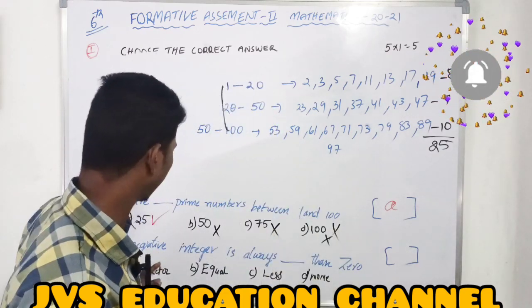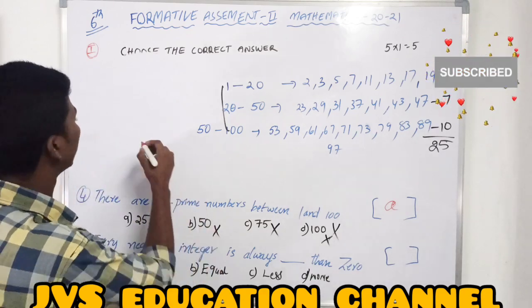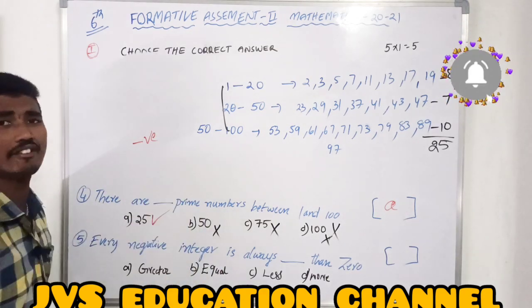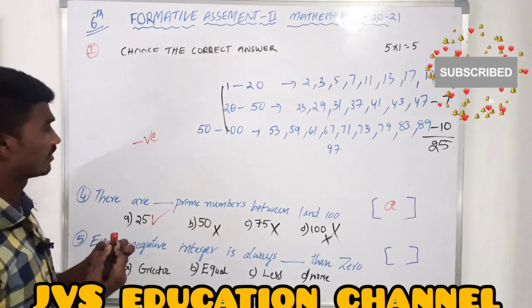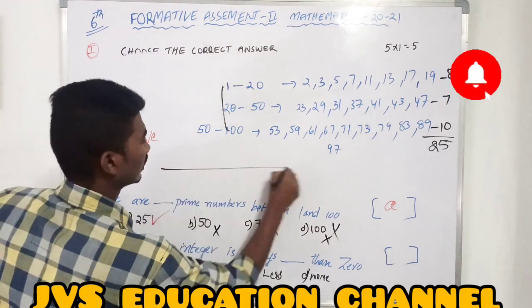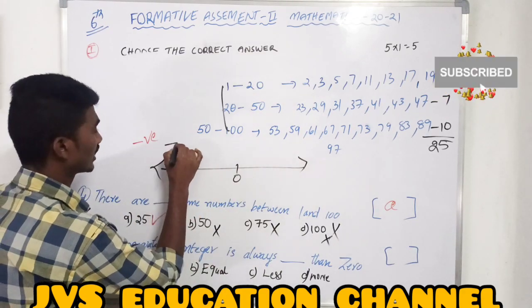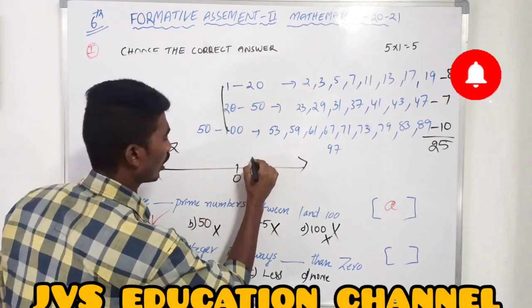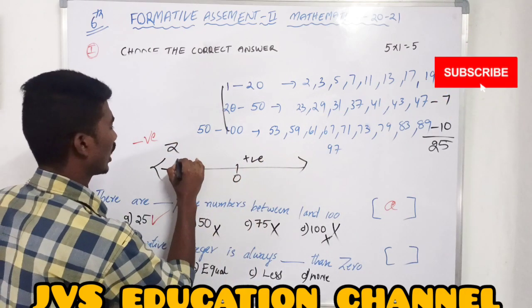What is a negative integer? Negative integers are the values which are negative. Look at the number line. This is the number line, with zero at the center. On this side we have positive numbers, and on this side we have negative integers.